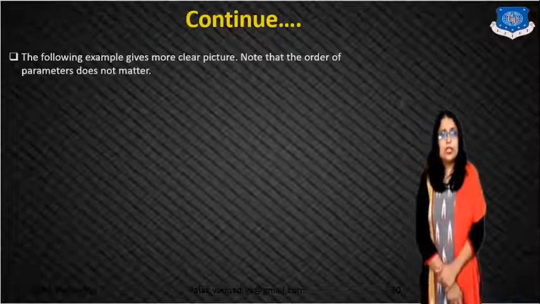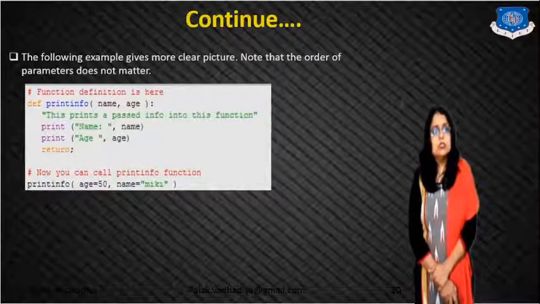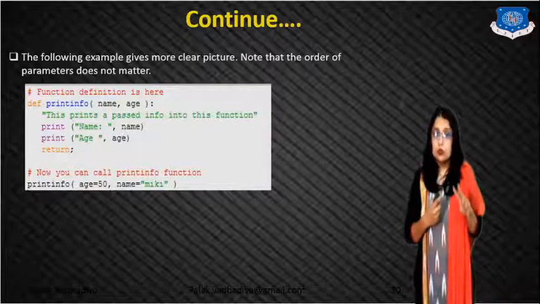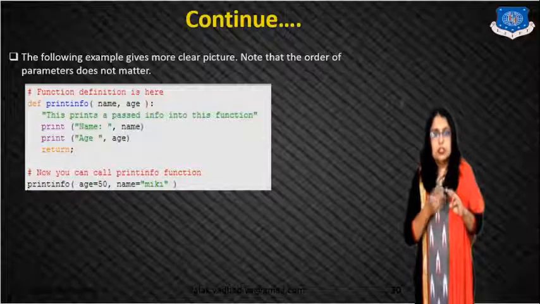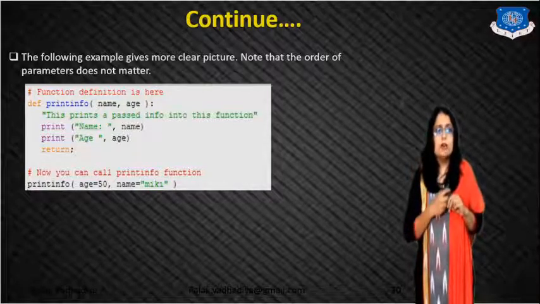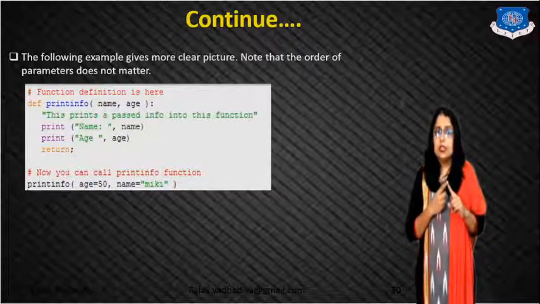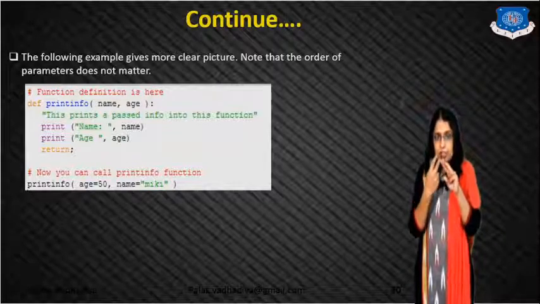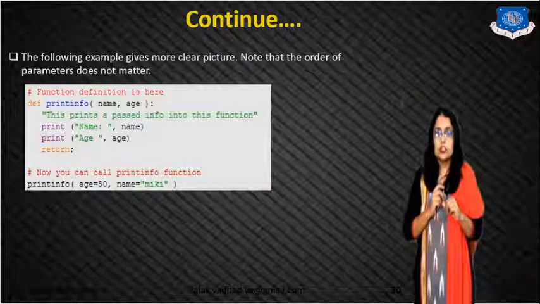Now see, the following example gives you a clearer picture. How? See the function printinfo. Then I have to pass two values. One is the name, another is the age. Now print name and then print age. So when I call printinfo with age equal to 50 and name equal to Mickey, see, I have not maintained the order that I defined inside the function.